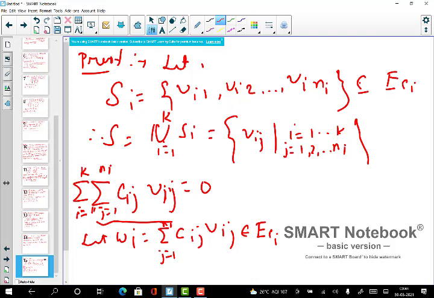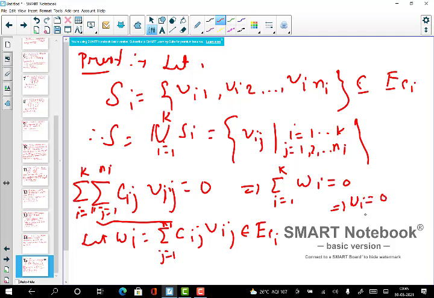So you have an element of E_ci for each i, and that gives you the summation of Wi equal to 0, i equal to 1 to k, right? But now from the previous proposition, if we have vectors from each eigenspace and the sum is 0, that implies each individual Wi has to be 0.